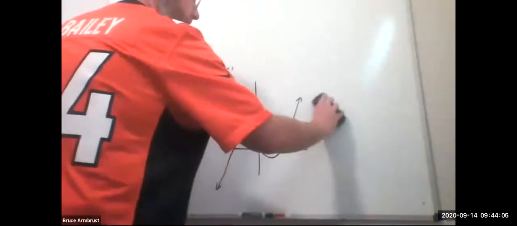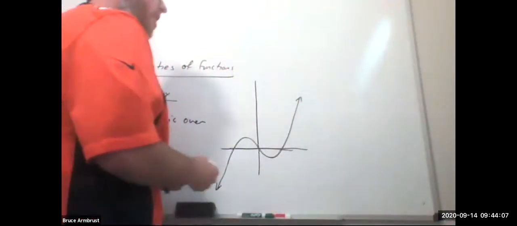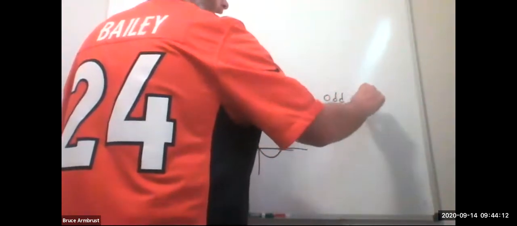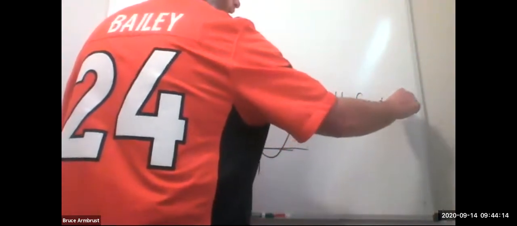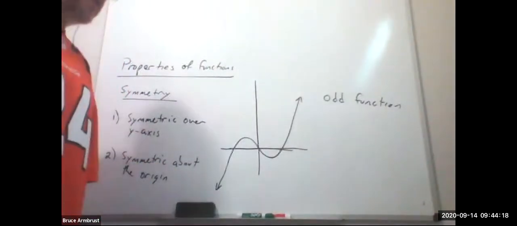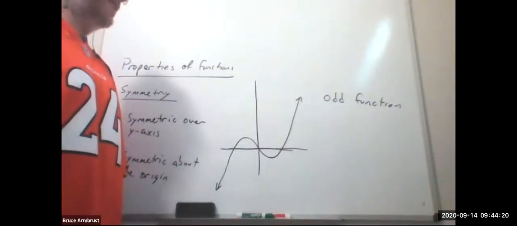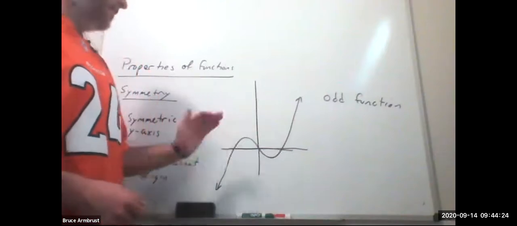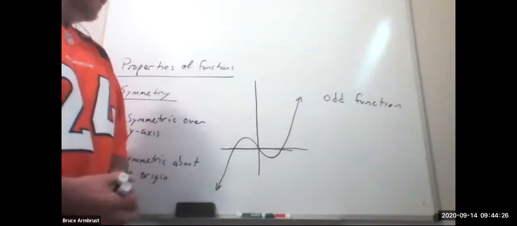So this is no longer even. This is what we call odd. Again, comes from the fact that if we're talking about power functions, x to a power, if that power is odd, then these things have this symmetry.